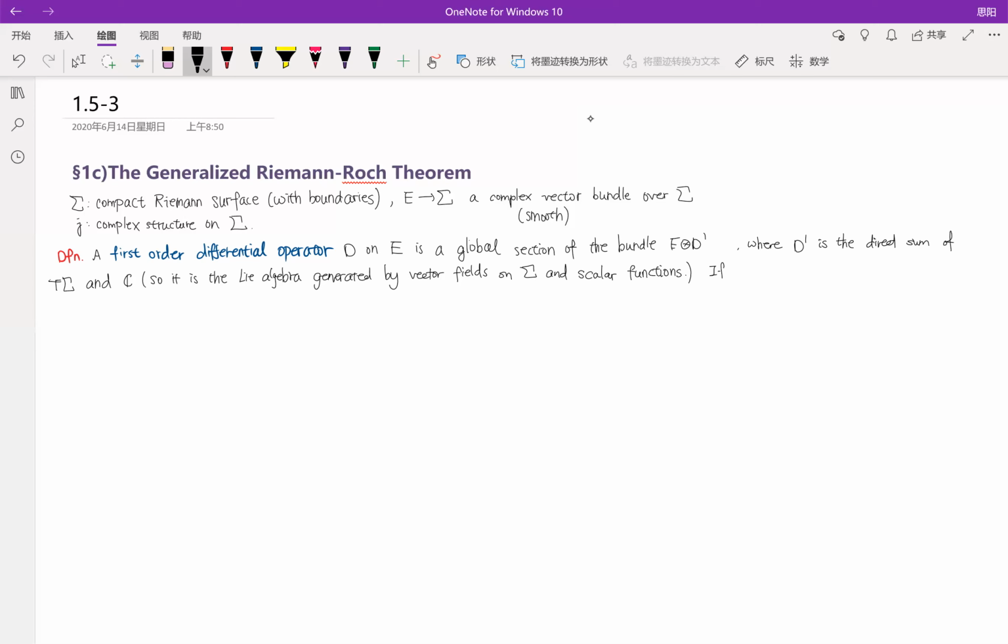If D is in fact a vector field, then the tensor product with a vector field and E, we say D is homogeneous of order 1.